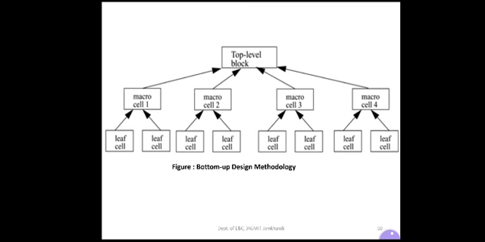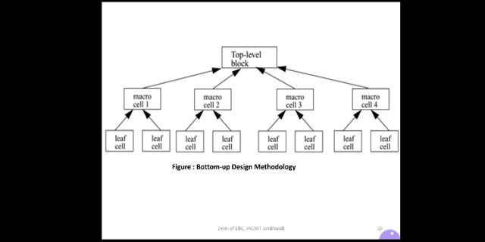Typically a combination of these two, top down and bottom up, can also be used. Design architects define the specification of the top level block, and logic designers decide how the design should be structured by breaking up functionality into blocks and sub blocks.